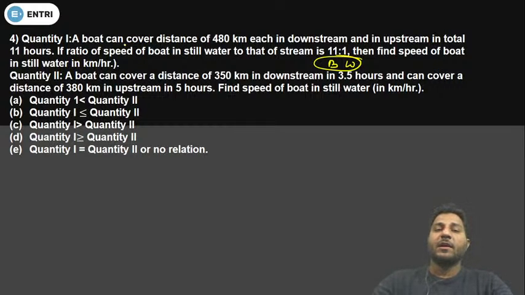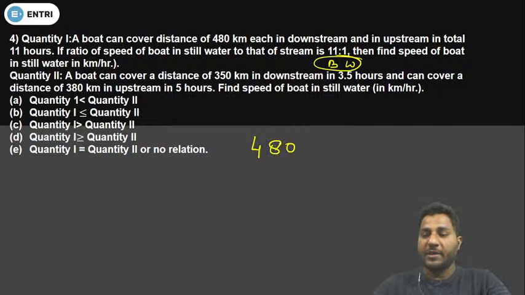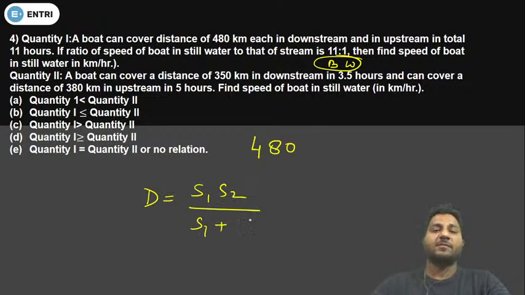The boat can cover a distance of 480 kilometers each in downstream and upstream, so the total time has been given. The formula would be S1 S2 upon S1 plus S2.